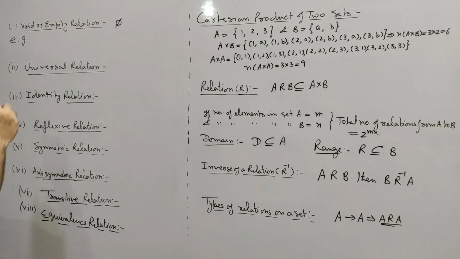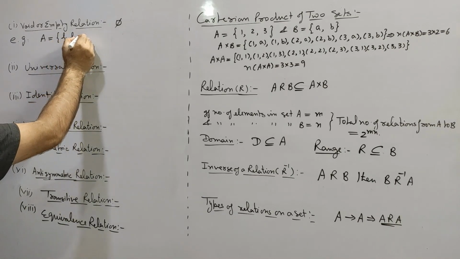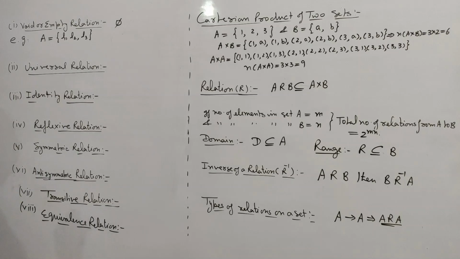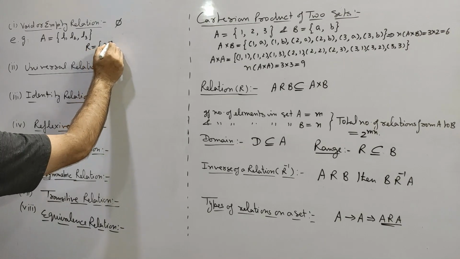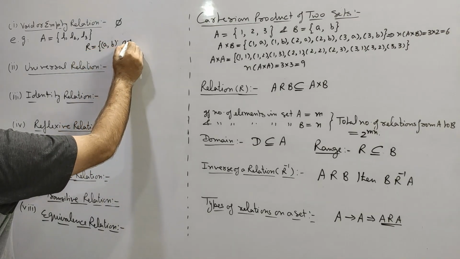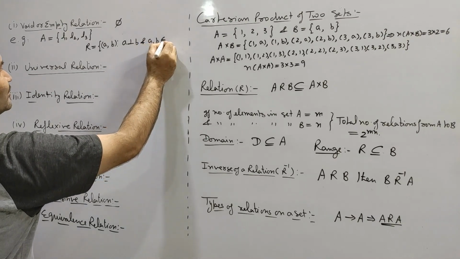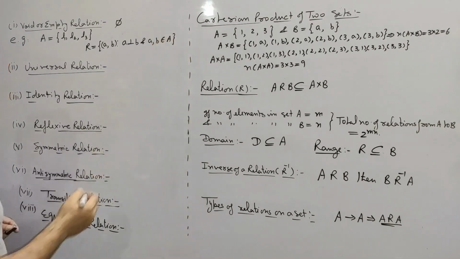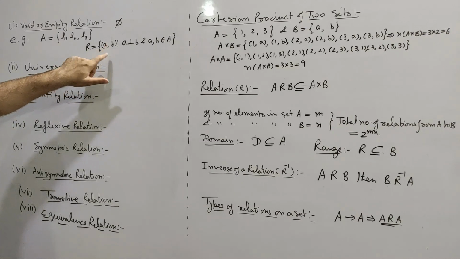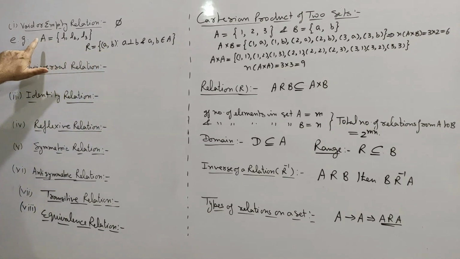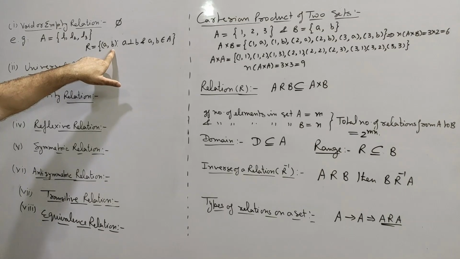Say we have a set A of parallel lines L1, L2, L3, and we define a relation on set A as (a, b) such that a is perpendicular to b and (a, b) belongs to A. Then this relation will have no element, because there will be no ordered pair in A cross A in which the first line is perpendicular to the second line.